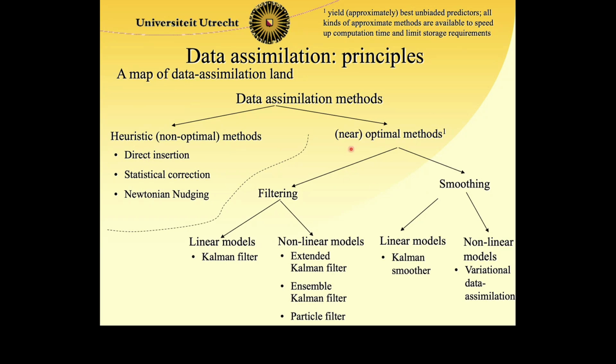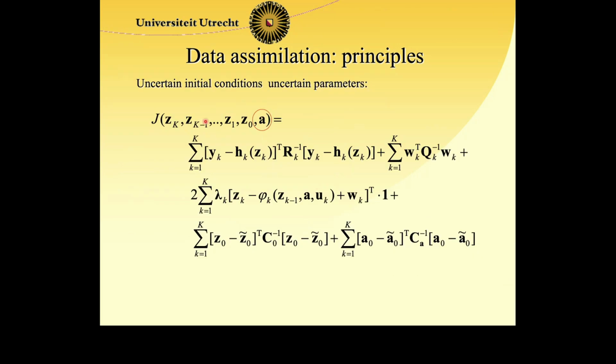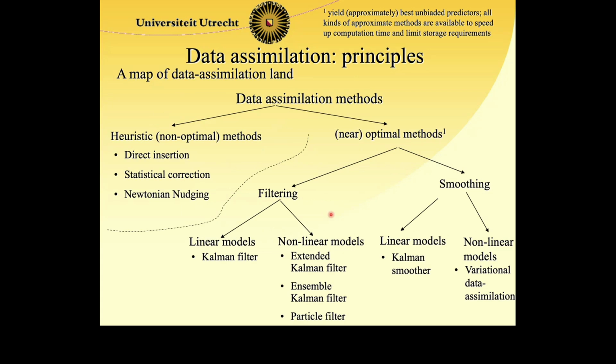And then you have these optimal methods, and they yield approximately the best unbiased predictors, or minimize, to some degree, either the first three, or the first four, or the first five, or subsets of that criterion.